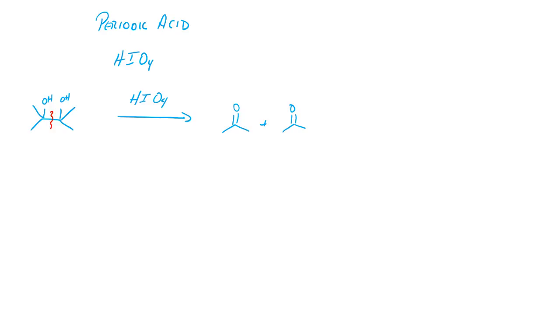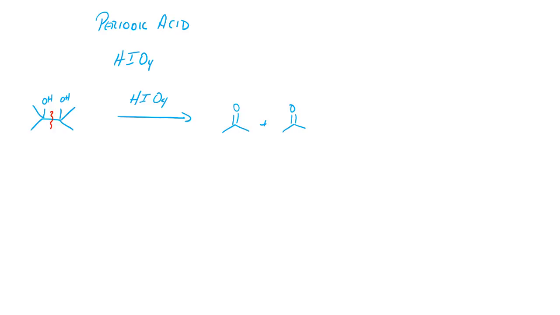So this is now only our second reaction where we see a carbon-carbon bond cleavage. Along with ozonolysis, now we have another reagent that we can use if we want to cleave a carbon-carbon double bond.